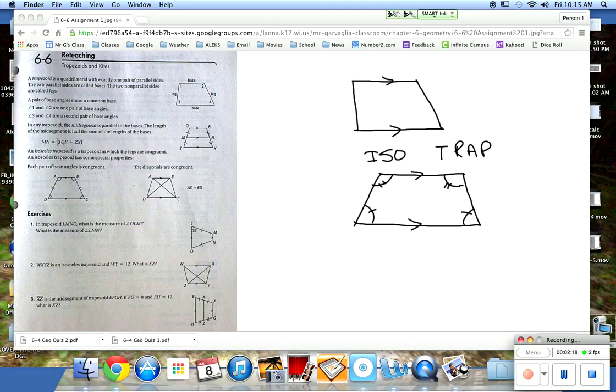By the way, what's interesting about an isosceles trapezoid? These lines here are also congruent. Boom. Well, when you start doing your assignment, I think that's probably a good thing to know.